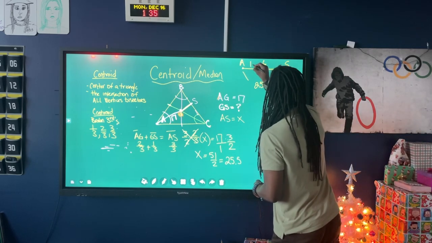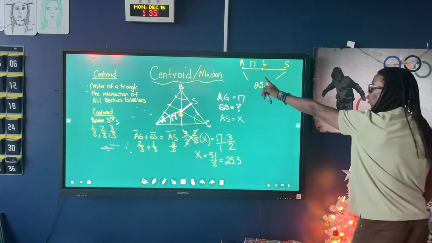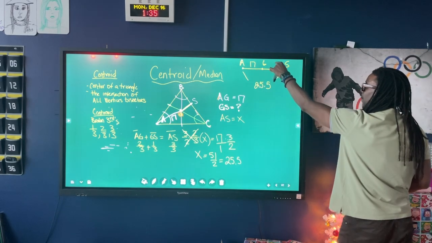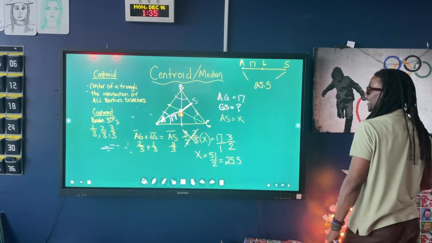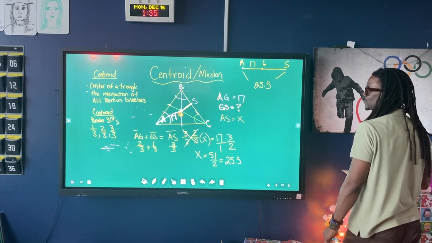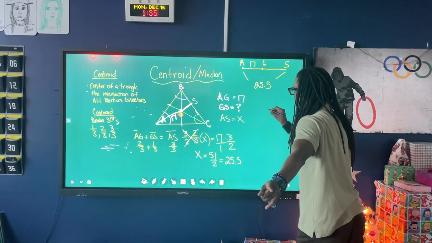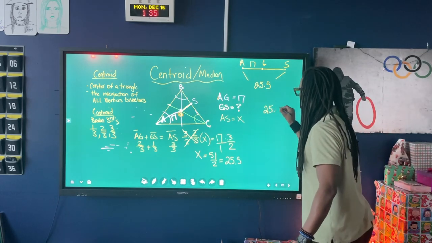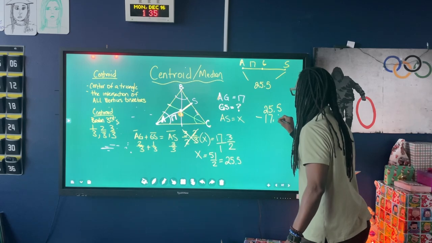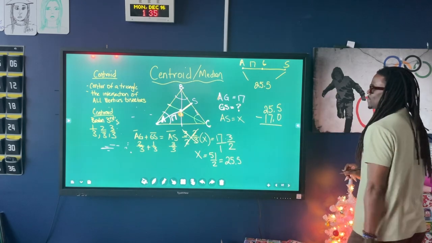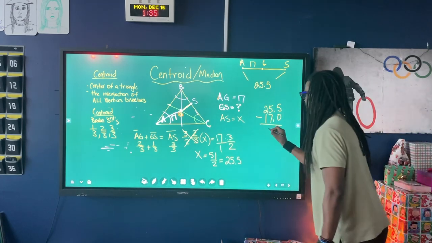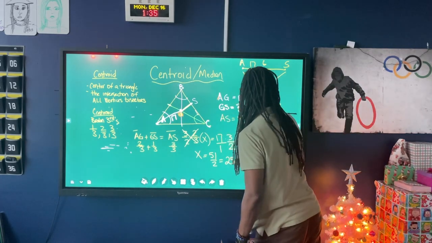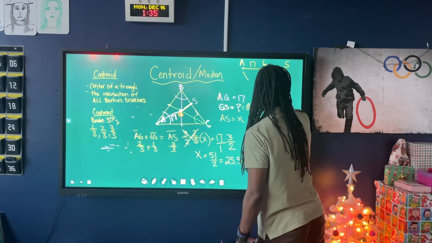From A to G was 17. You already got the entire length. What would I get for GS? I do 25.5 minus 17. 25.5 minus 17 is going to make 8.5. So that missing space, GS, is 8.5.